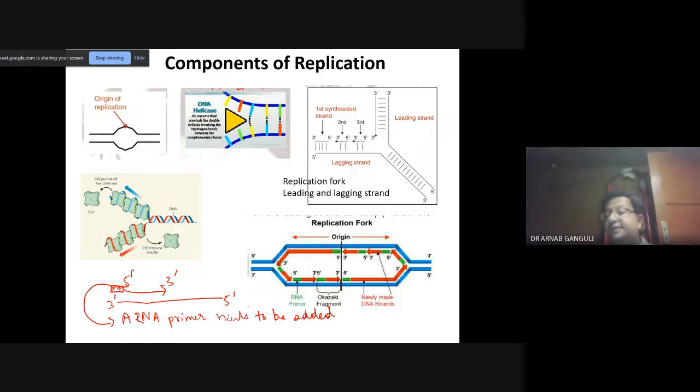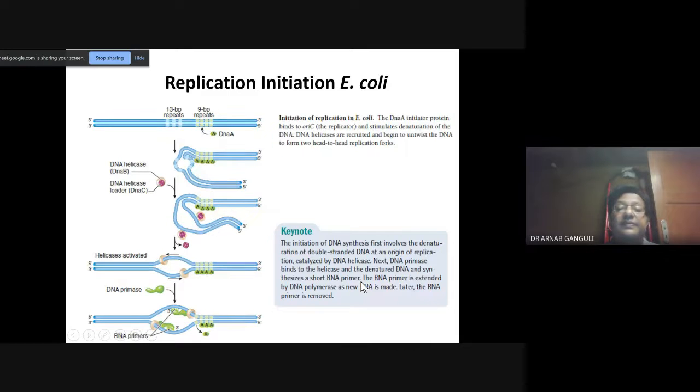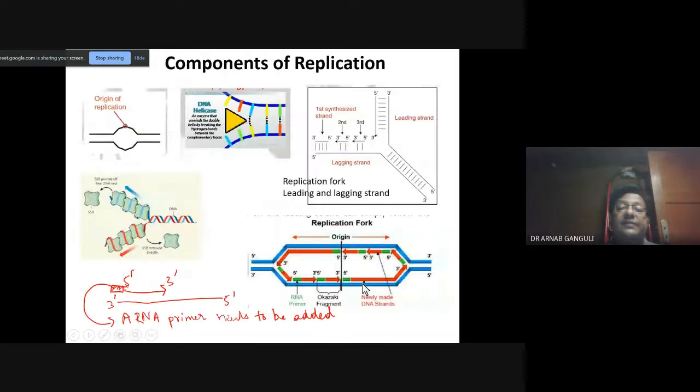Otherwise, replication will not start. And there is this enzyme known as primase.